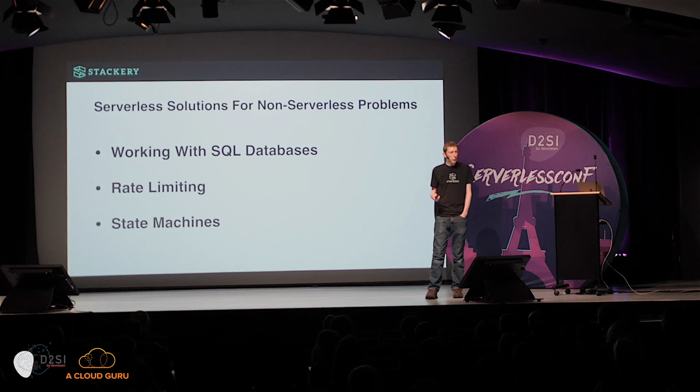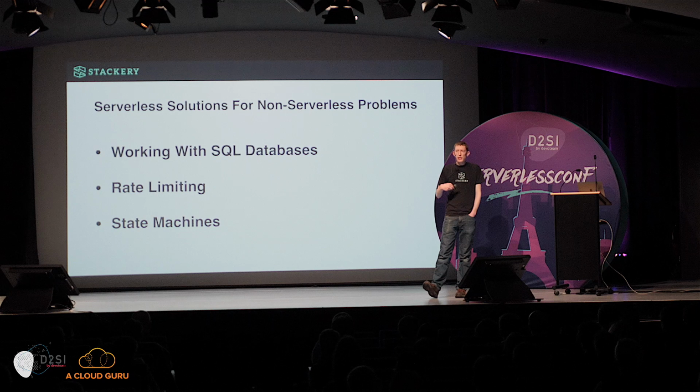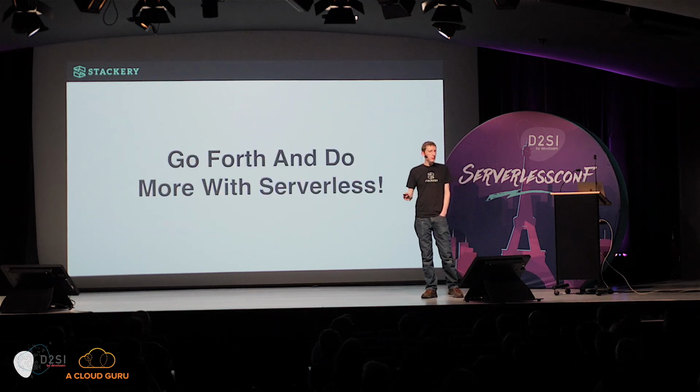And we've looked at how you may want to build in more declarative logic for your application using state machines. So my hope is that going through this, you gain an understanding that even when you see non-serverless problems, there are often serverless solutions to them, and you feel empowered to solve these. So hopefully you can now go forth and do more with serverless.